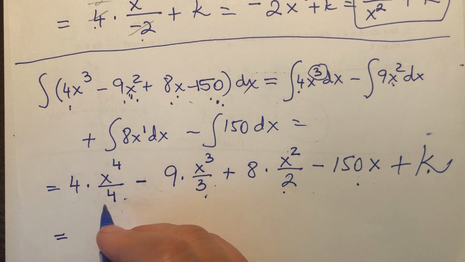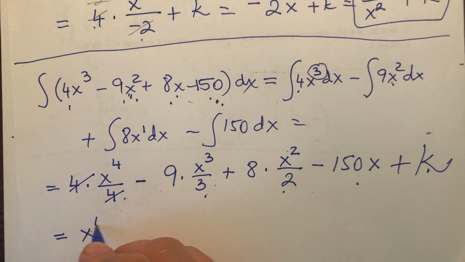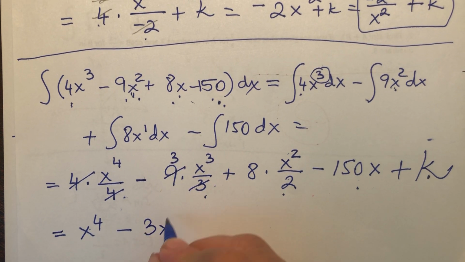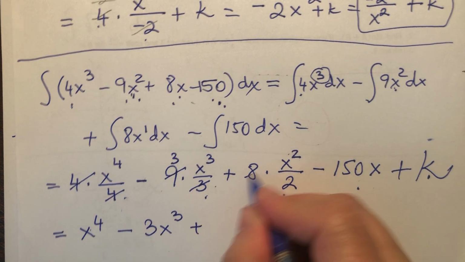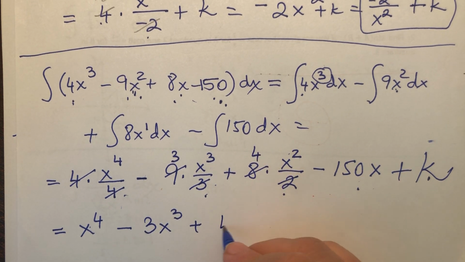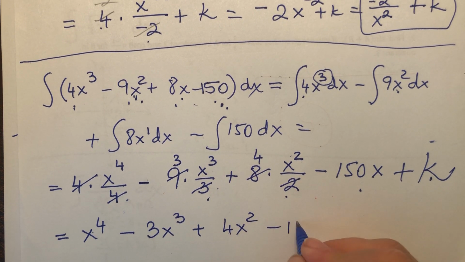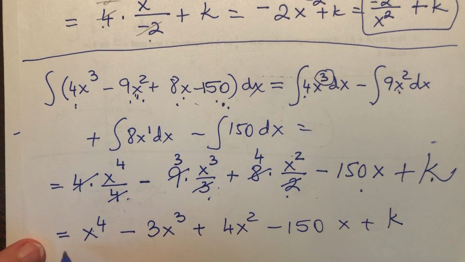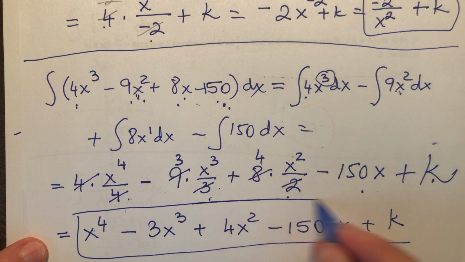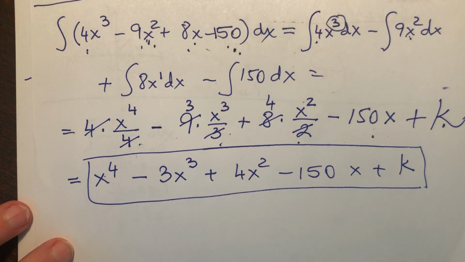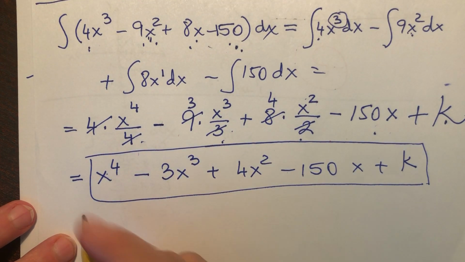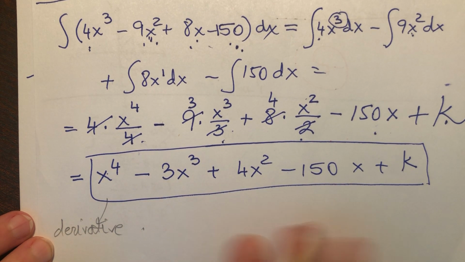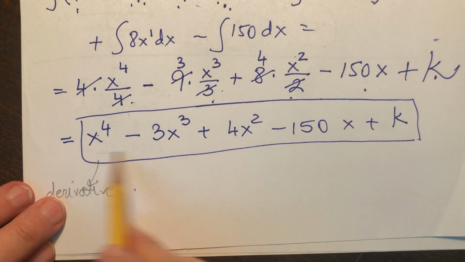So sure enough, we're going to reduce all this, make it pretty. And there's your answer. Okay. And we're not going to check every time, but I'm really curious, what's the derivative of this function?